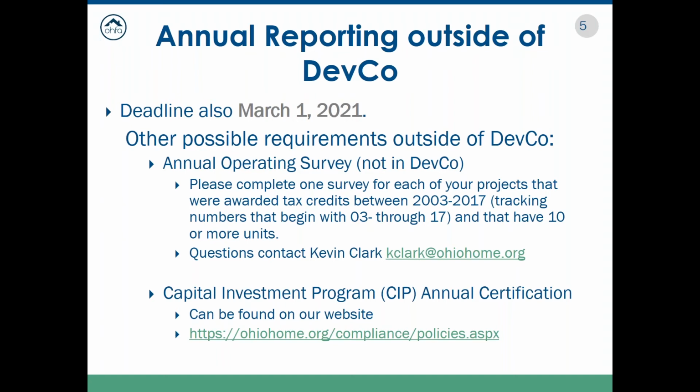You can access it on the compliance policies page, which I've linked at the bottom here. Any questions for the operating survey should be directed to Kevin Clark. Projects funded through our Capital Investment Program, or CIP, also need to complete their annual certification, and that can also be found at the website below.